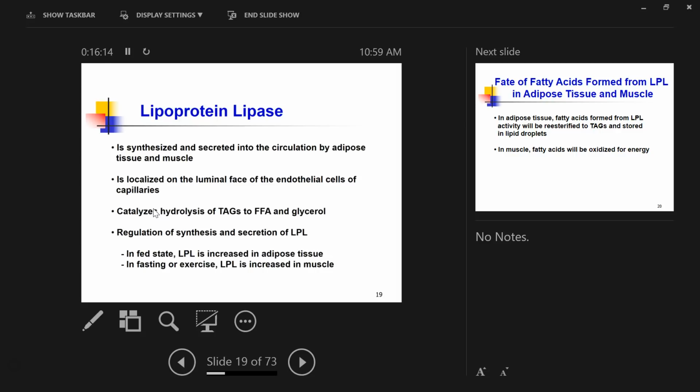And what is the final purpose of the fatty acids once taken up into the muscle cells? They will be oxidized for energy. So try to remember this difference, how they are regulated, which substrate triglyceride in which lipoproteins LPL hydrolyzes, and the fate of fatty acids taken up into the cell.